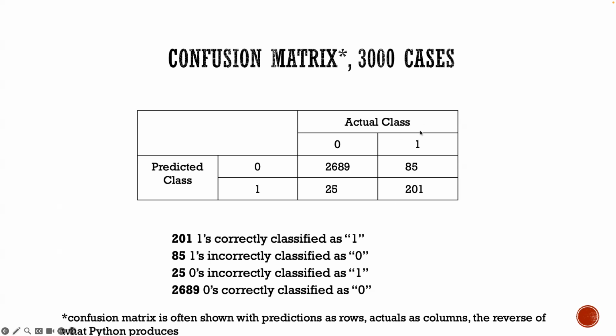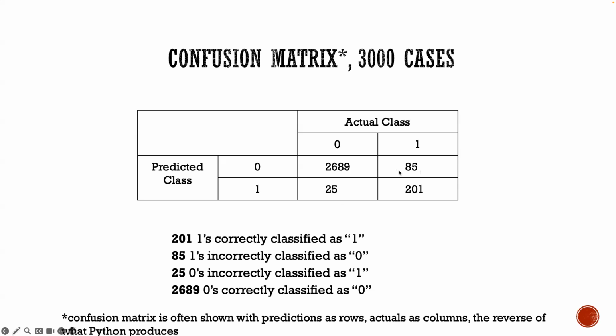So if we take actual class as 0 and 1 and predicted class as 0 and 1, if we predicted 0 when actual was 0, that's great. If we predicted 1 when actual was 1, that's great. Whenever we predict 0 when actual was 1, that's an error, and predicting 1 when actual was 0 is also an error. So these two are our incorrect classifications.